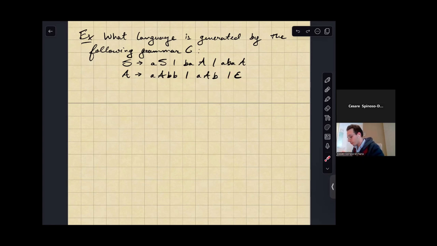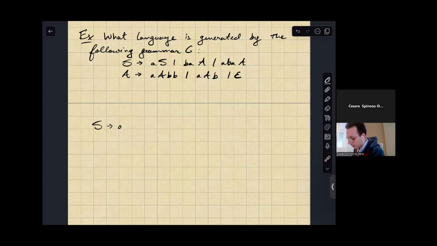Okay, so let's look at this a bit more carefully. I know that I always have to start at my start variable. So what are my options when I start at S? Well, I can decide to remain at this start variable S by just generating a bunch of A's on the left.